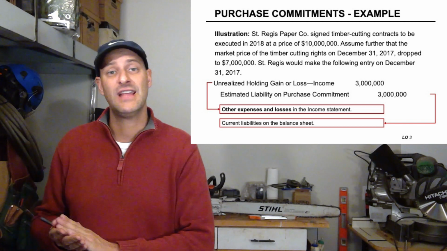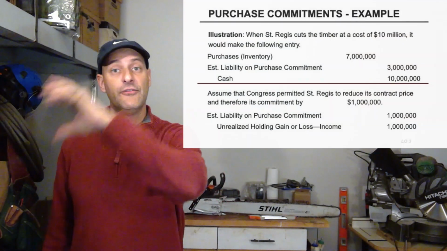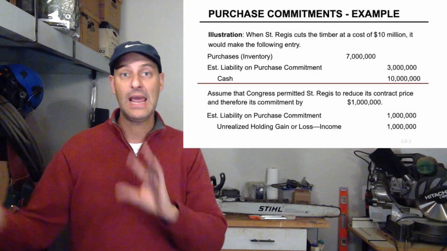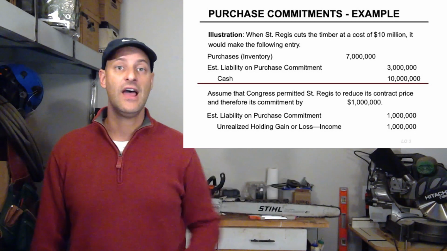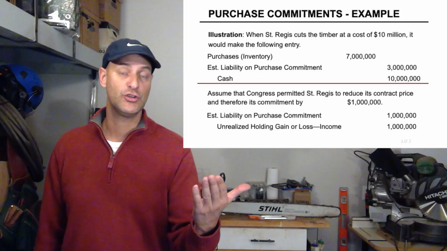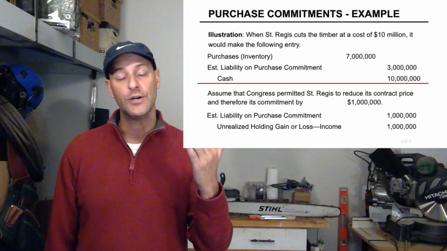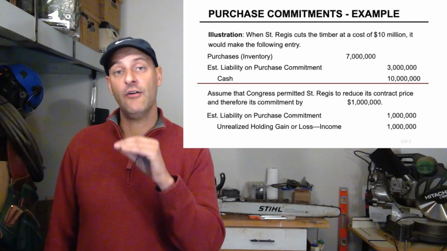for $3 million. Now, at the time they actually fulfill that contract, the liability will be paid, and in this case, the $10 million will go out the door, and they'll end up with $7 million of inventory. Going forward, they are allowed to recover some of these losses.